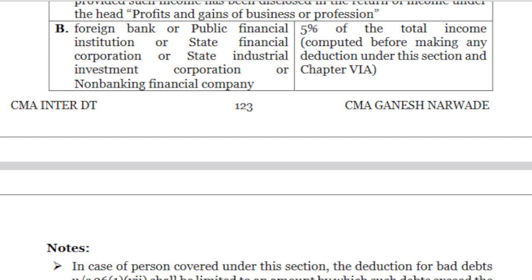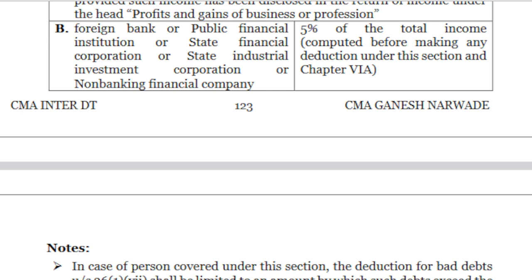Now come to notes. What they said in case of persons. If suppose you actually claimed the deduction of provision, can you again claim bad debts? The answer is yes and no. If you get bad debts, how much did you get? Is it less than provision, equal to provision, or more than provision? If it is less than or equal to provision, then you cannot claim bad debts as deduction.